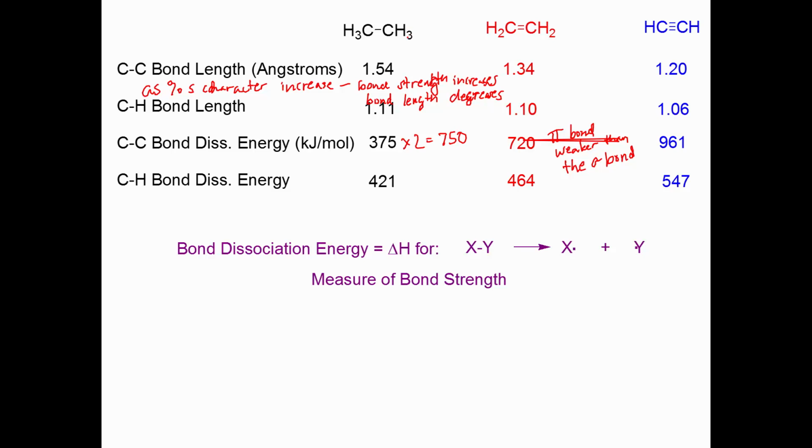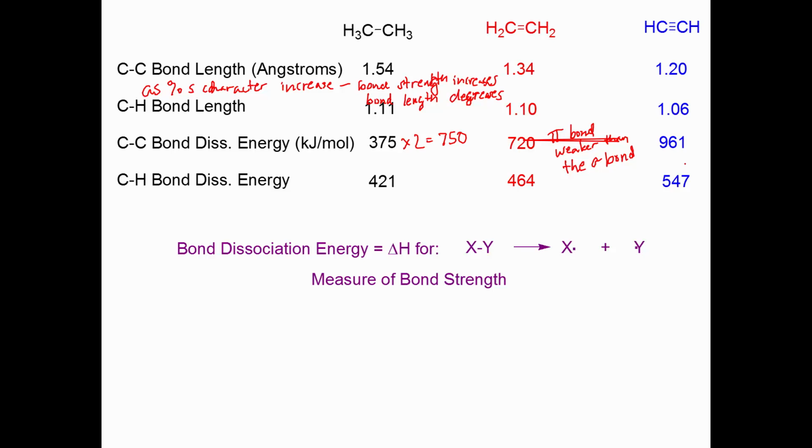This is hydrogen at sp3 bound to an sp3 orbital at carbons, 1.11. A little shorter when it's bound to an sp2, and shorter even when it's bound to an sp. Sorry, to an sp. All right, and the CH bond association energy is increasing as the percent S character at carbon is increasing.